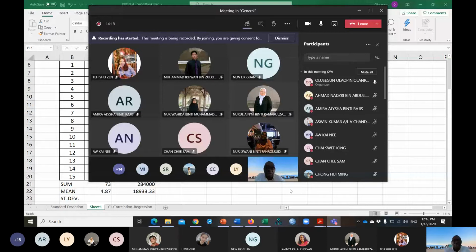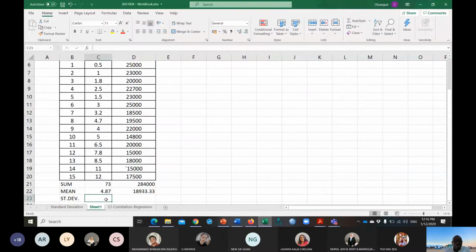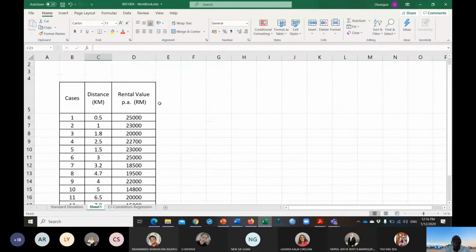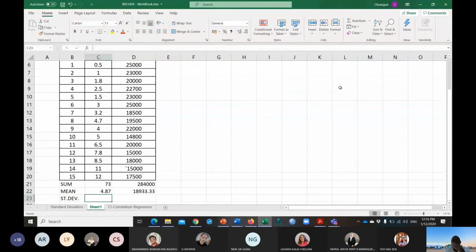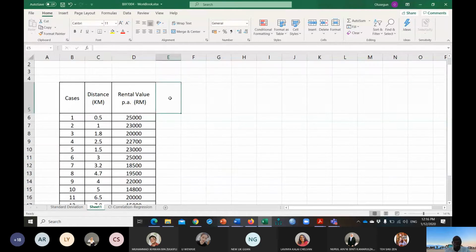Then we are to do the standard deviation, right? Normally, to do the standard deviation, let's say for distance first, we get the deviation from the mean.